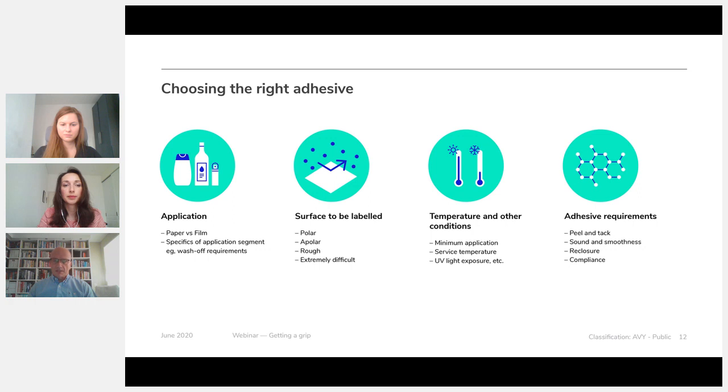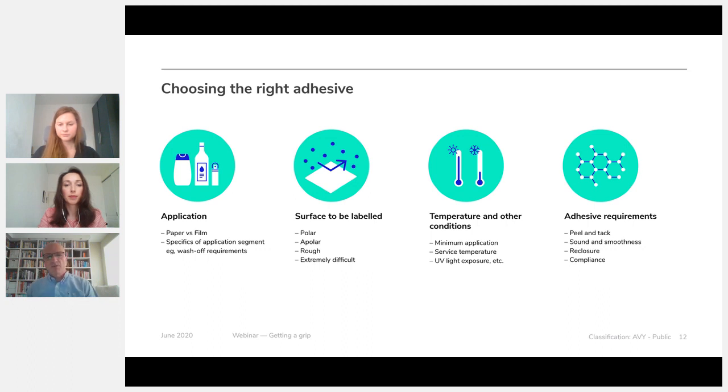If you look at the selection criteria, we roughly consider four key ones: the application itself, the surface to be labeled, the temperature conditions, and finally, special adhesive requirements.